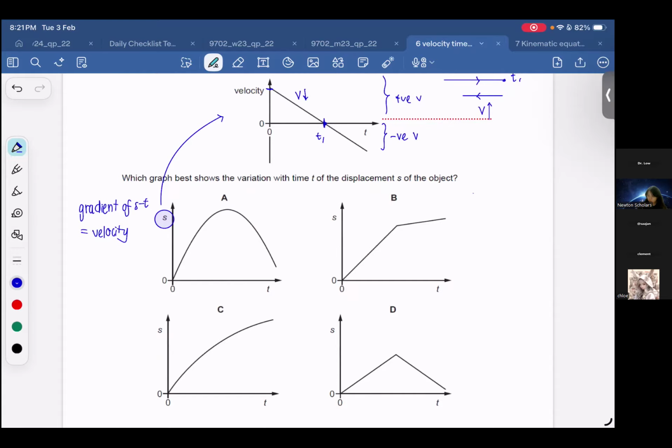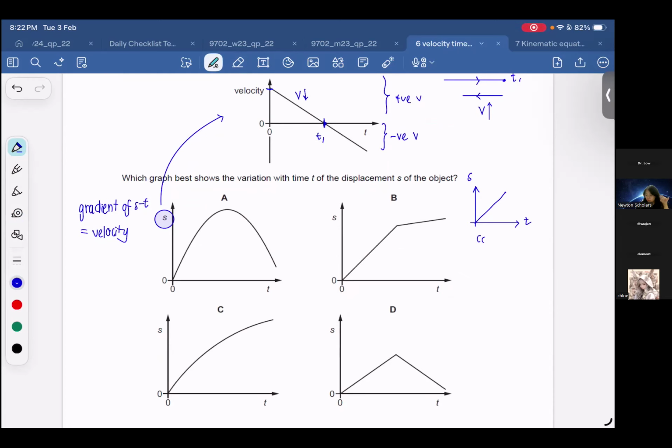Now I'm drawing the displacement-time graph, the s-t graph from last week's lesson. If the object moves like this, it is stationary, not moving, right? If the motion graph is like this, it is a constant gradient.